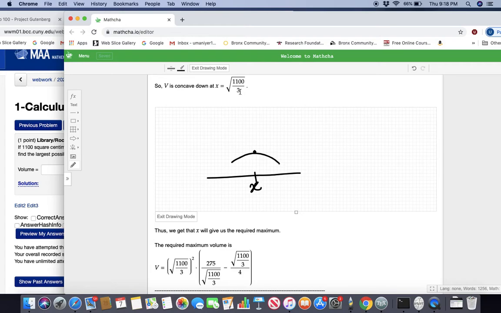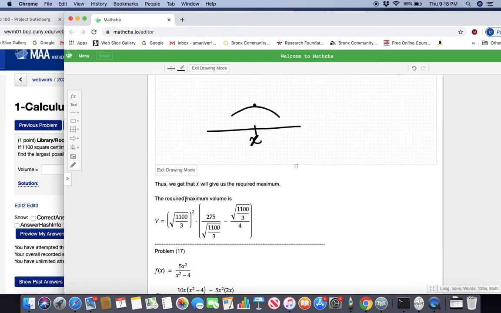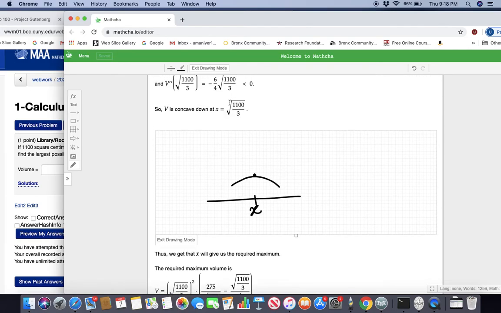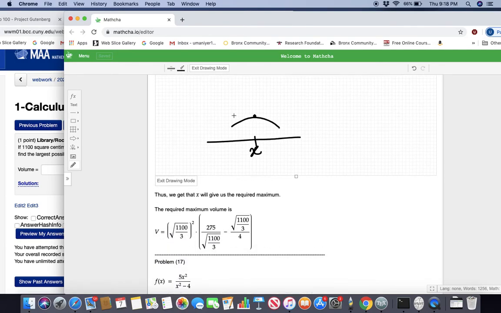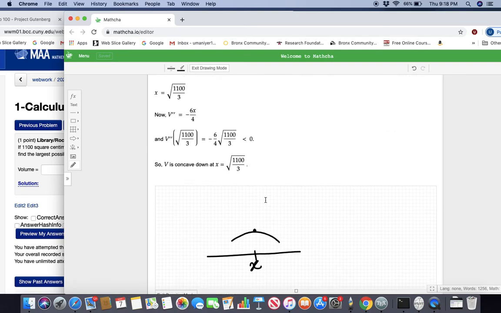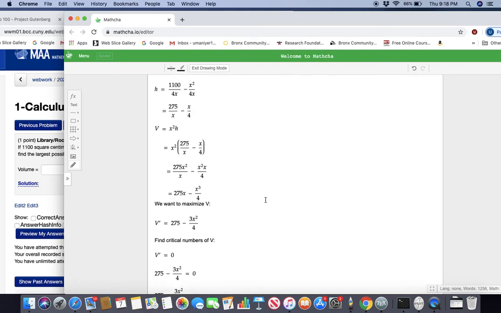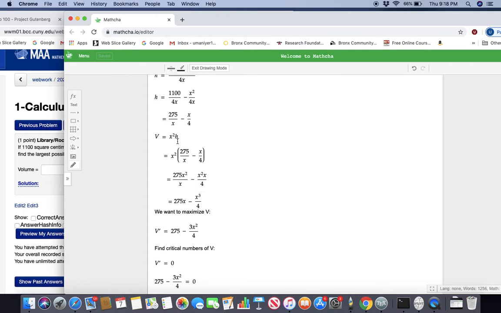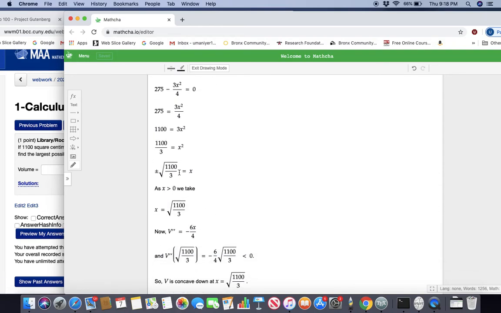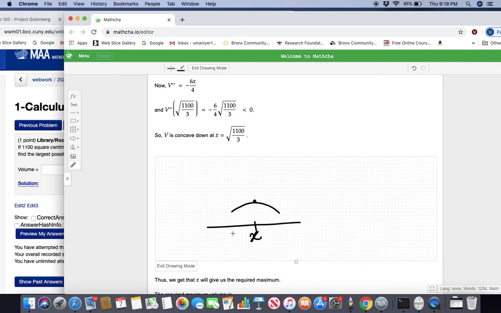So that's my x. So the required maximum volume, that's what the question is. Find the maximum volume. I plug my x value into my volume function. What was my volume function? Volume function was x squared h. h itself is all of this. So this is my volume function. So wherever I see x, I plug in root 1100 over 3.